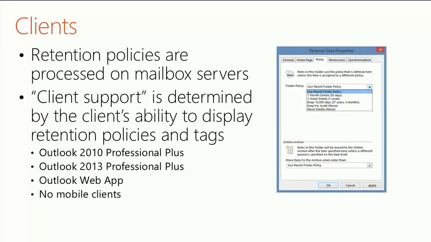When can I interact with retention policies? To do that, what you're going to need is Outlook 2010 Professional Plus, Outlook 2013, or Outlook Web App. They are working on the mobile clients, but those are the ones where you see the retention policies so far. Okay? And you have the ability to not only see them, but also set retention tags, those personal tags, on items and folders.